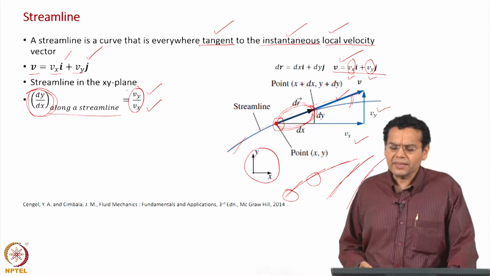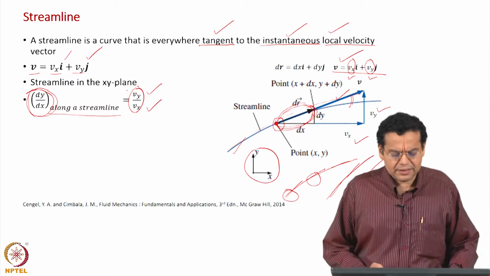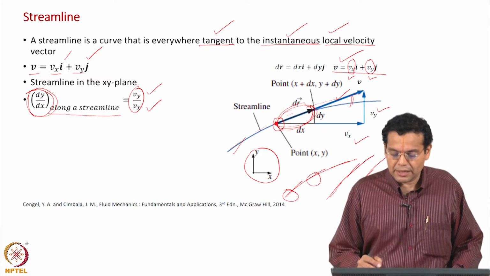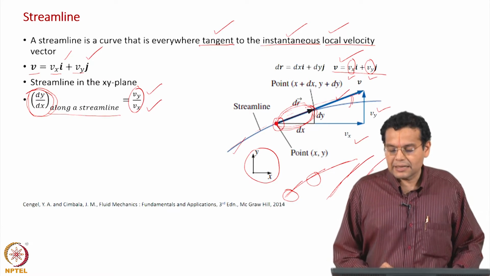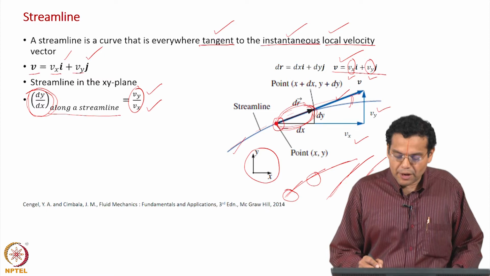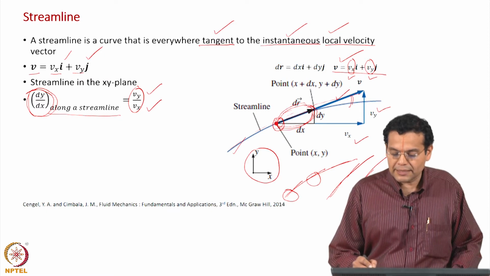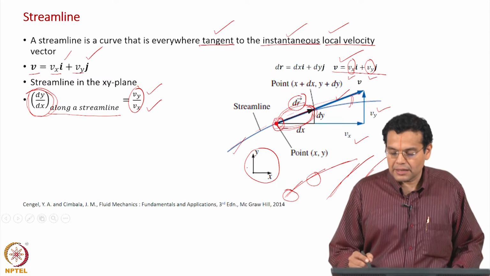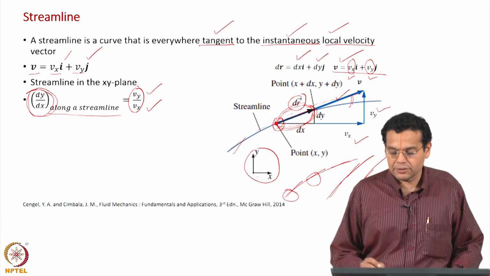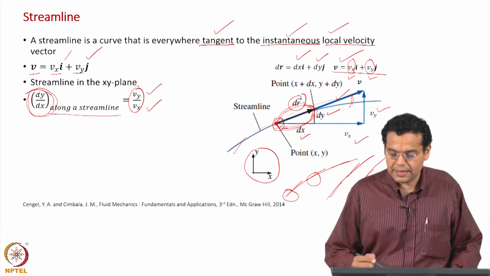Another way of looking at this expression is a little more geometric. I have drawn a small incremental arc here, and as the points become closer and closer, this becomes a tangent, and the components of this vector are dy in the y direction and dx in the x direction. So, this is dy and this is dx.